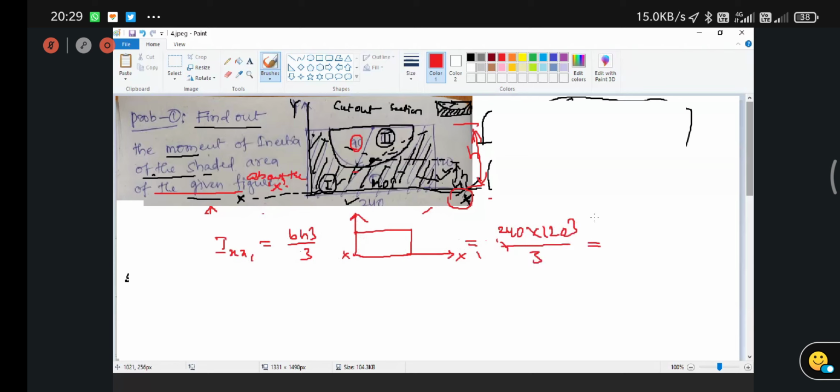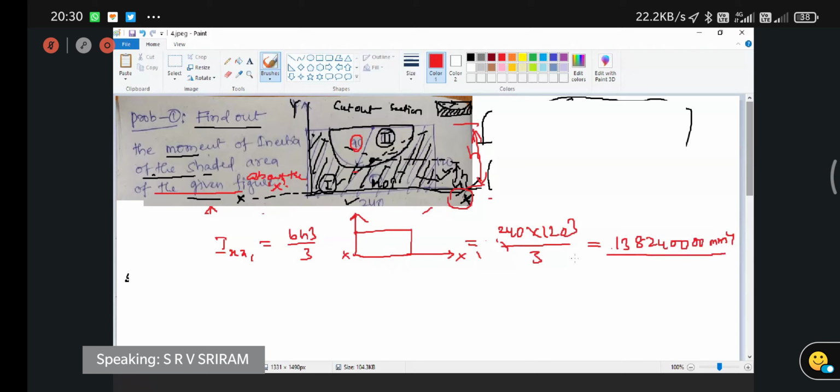So this value is how much? 240 into 120 whole cube divided by 3. So this value I got as 138240000. This much I got. So previously we got, I think, a wrong answer.